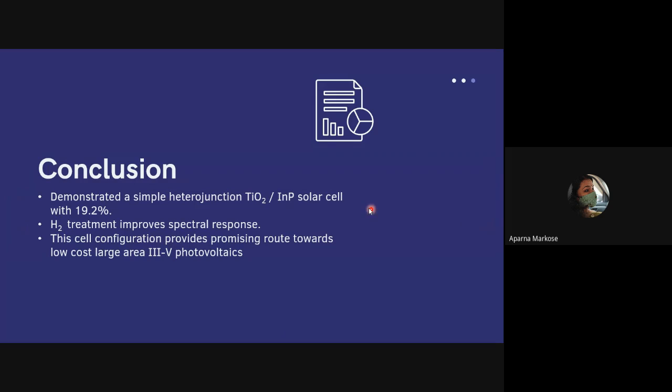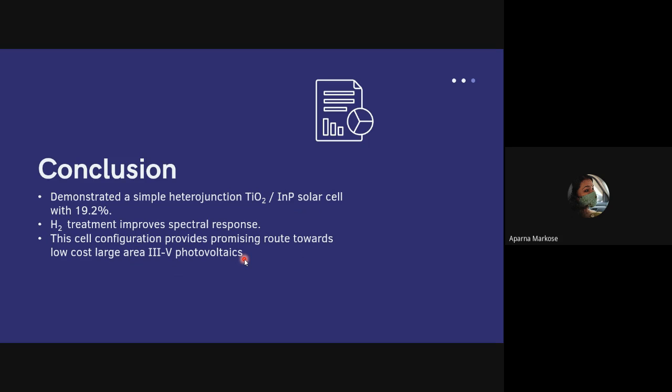So, in conclusion, we can say they have demonstrated a simple heterojunction titanium dioxide indium phosphide solar cell with 19.2% efficiency, and their hydrogen treatment improves the spectral response. We have seen the quantum efficiency measurements. And the other point is that the cell configuration provides a promising route towards low cost large area III-V photovoltaics. III-V photovoltaics is famous for high efficiencies.